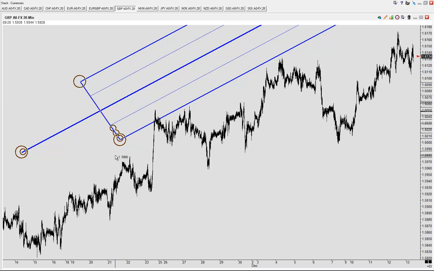And the very middle of the BC line is right there. So it's a line drawn from the A pivot through the middle of the BC, and that's the median line. What we're typically looking for, and don't get too hung up on this, because I think a lot of people that use pitchforks make one fundamental mistake, and it's this.